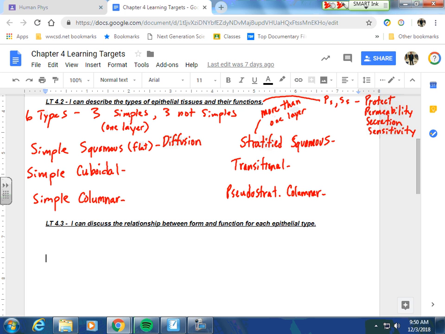One of the most important things in our body is diffusion of gases, like breathing in oxygen. How do we get that oxygen to our bloodstream? How do we get CO2 in our bloodstream out of our body? If we go down to the tiniest parts where this happens, it's called the alveoli of the lungs. That's something I would put as an example. Alveoli in lungs, you should know that you would expect to find simple squamous there.